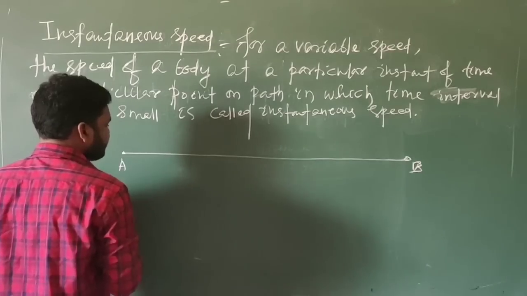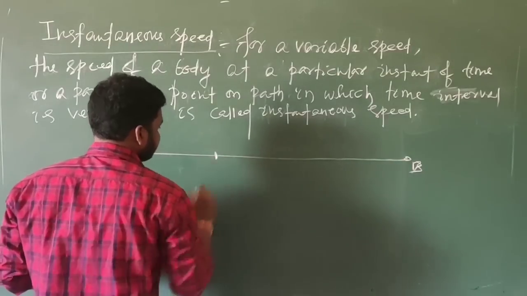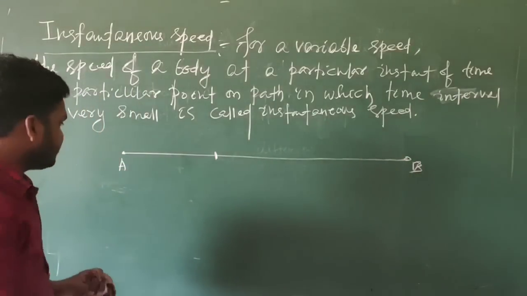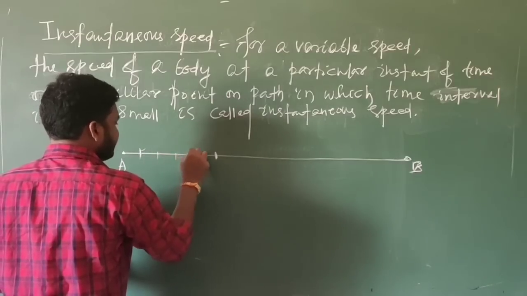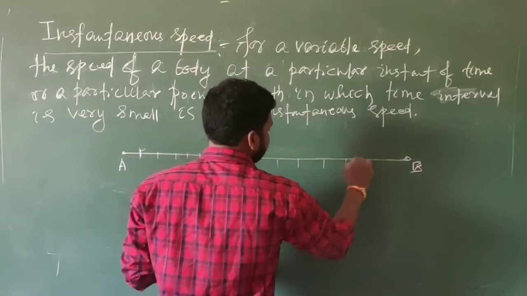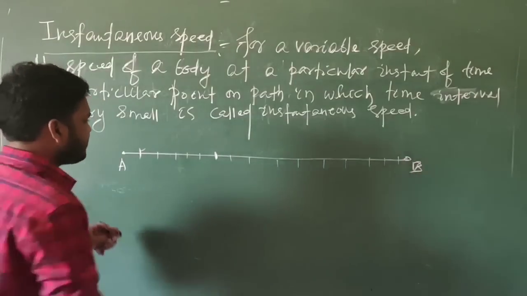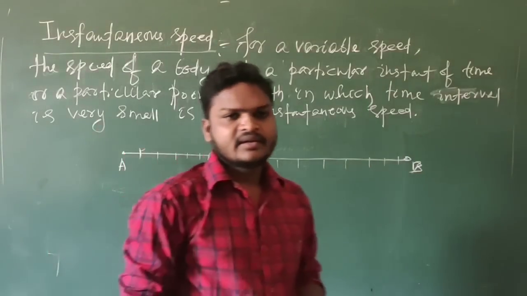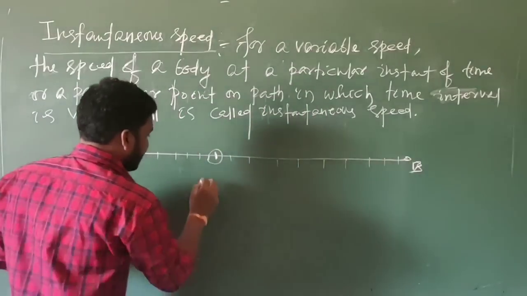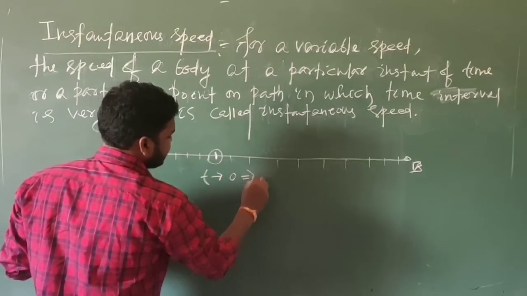Then if we want to calculate the speed of the body at this point, we know that the speed of the body at any point is different. But if we want to calculate the speed of the body at this point, then the time interval tends to 0. That means the time interval is very small.